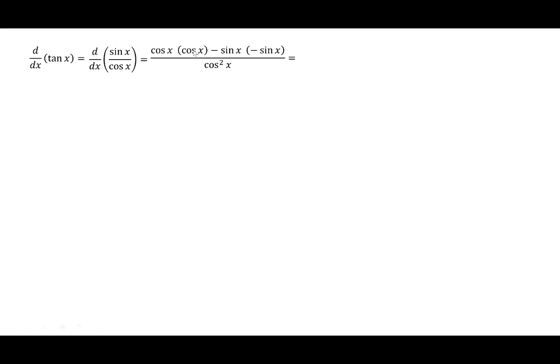So, on the top, we end up with cosine square x, and minus negative sine square x is plus sine square x.